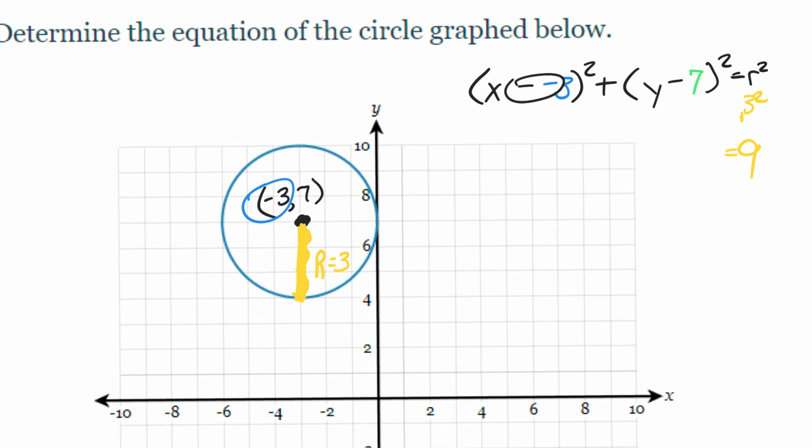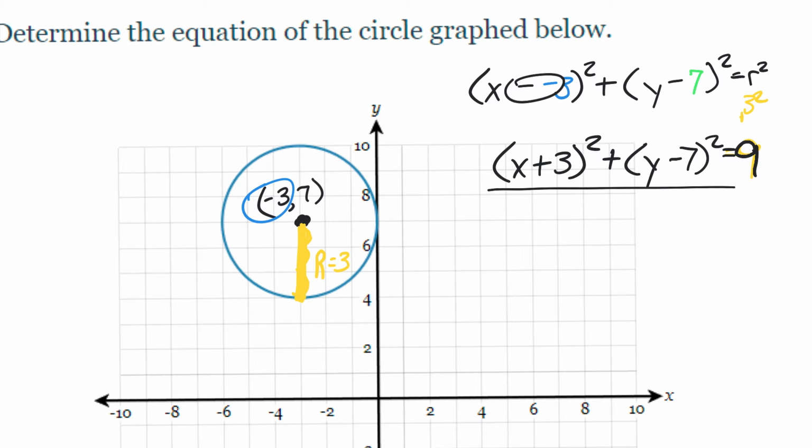So when we have minus a negative, we end up with the equation (x plus 3) squared plus (y minus 7) squared equals our radius squared. In this case, like we said, our radius was 3, so 3 squared is 9.